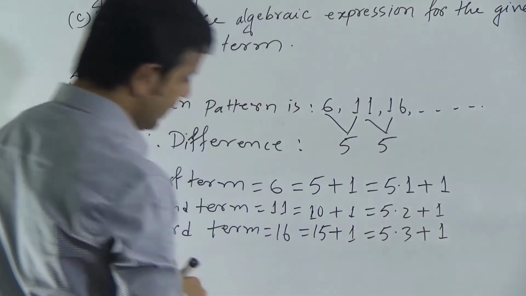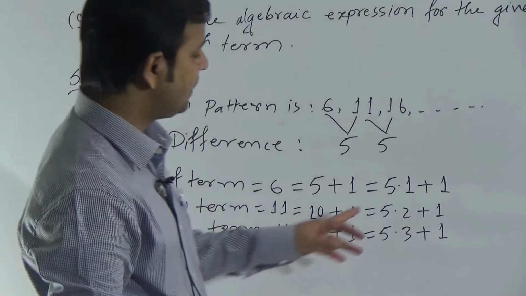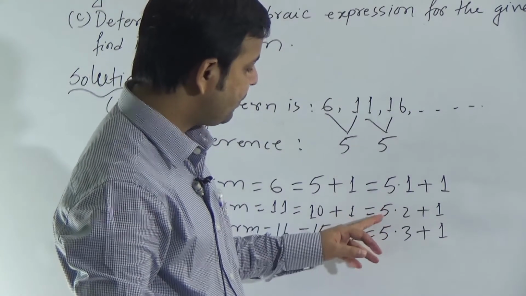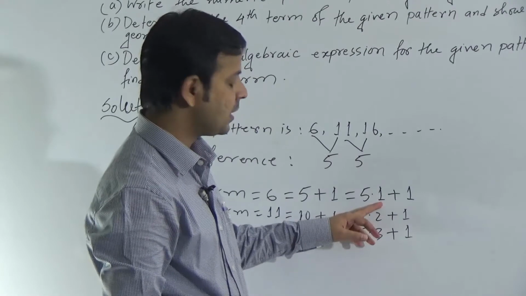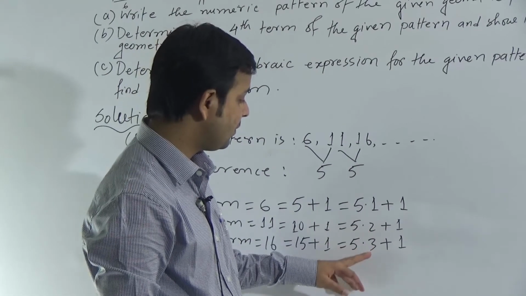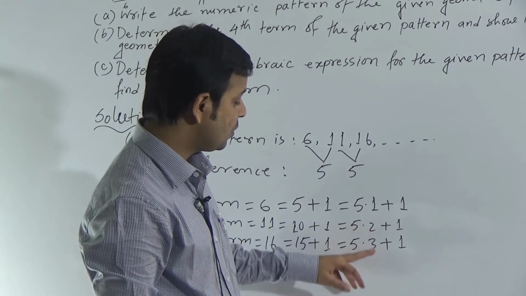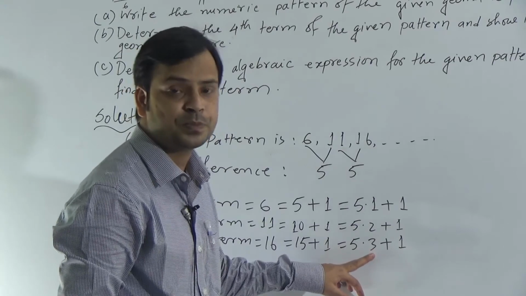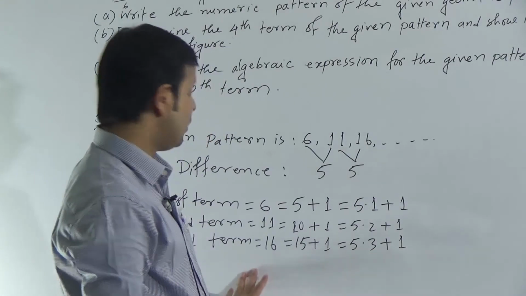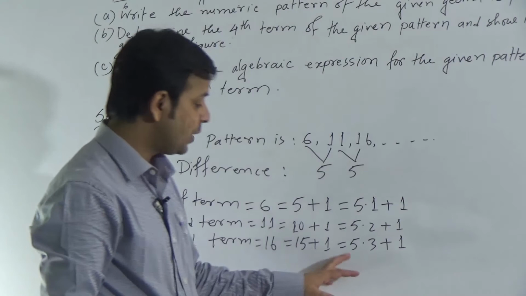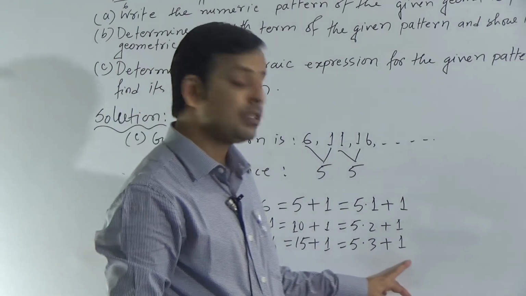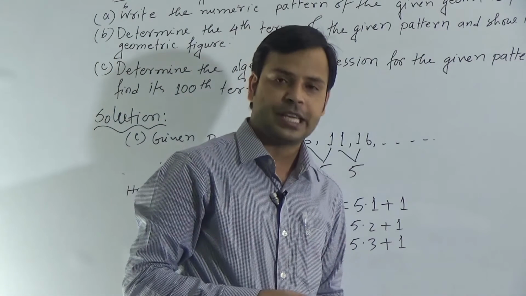Students, observe: difference 5, difference 5, difference 5. For the first term 1, for the second term 2, for the third term 3. So if we want to find the 100th term, we have to multiply 5 by 100, then add 1. In this way we can find it.